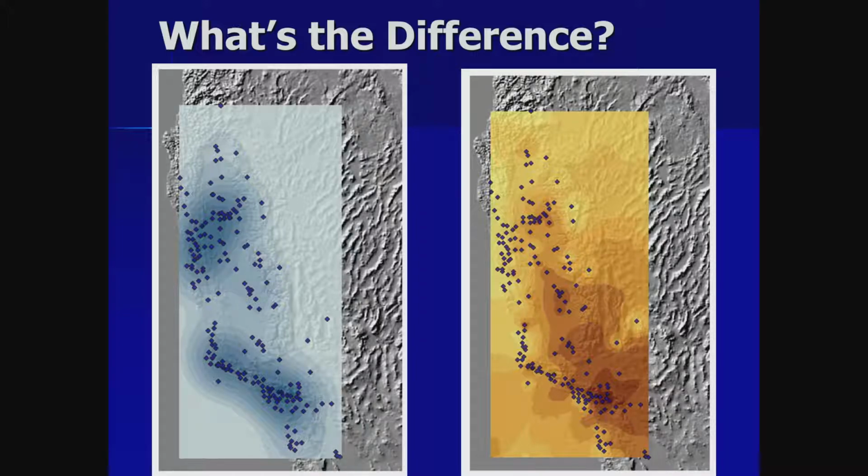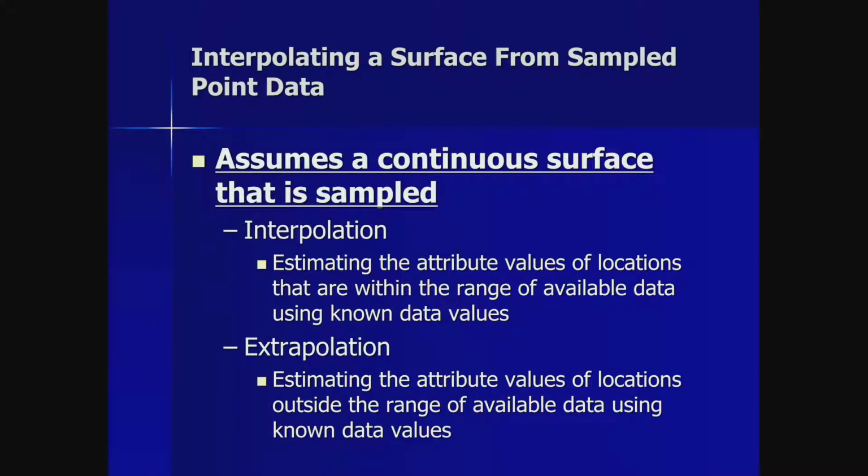So this map, instead of counting the number of observances, is just looking at the values of the points and creating a smooth surface. So this is interpolation, and this is kernel density estimation, or just density estimation sometimes. All right, so now that's where we're going. Interpolating a surface from point data.